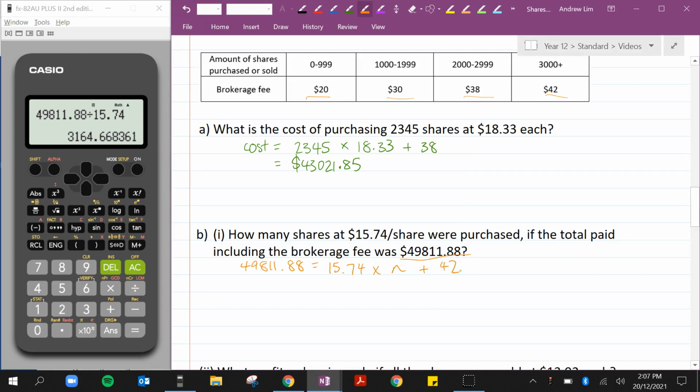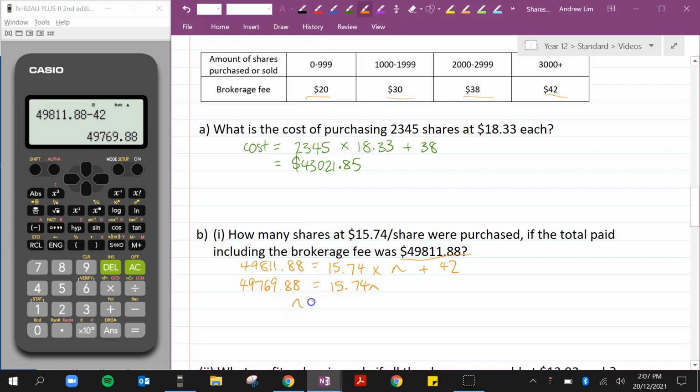The next thing I'm going to do is subtract 42 from both sides to give me 49,769.88 is equal to 15.74N.